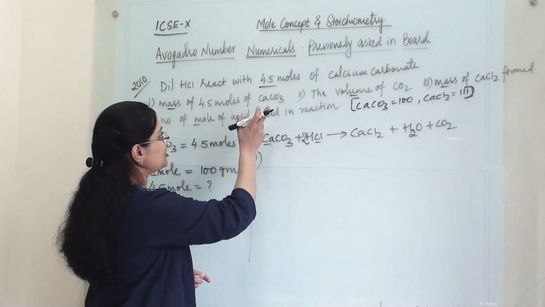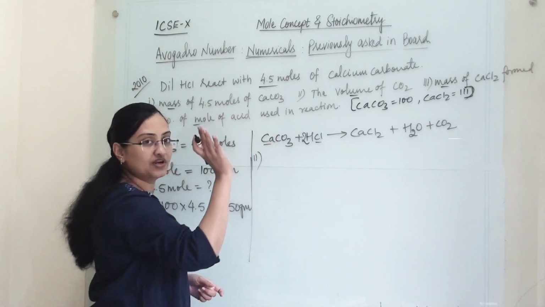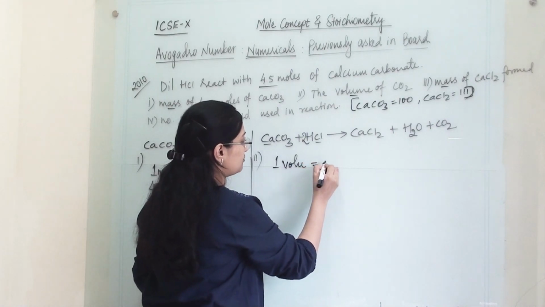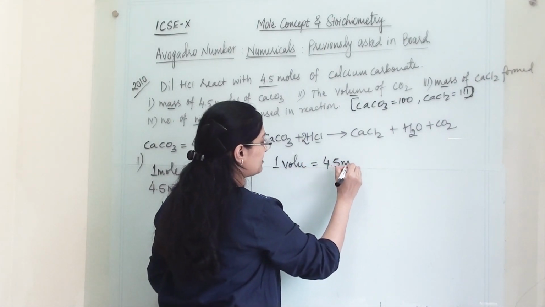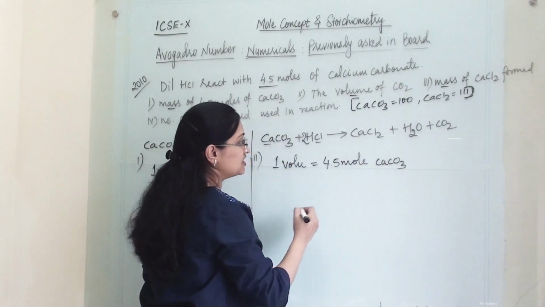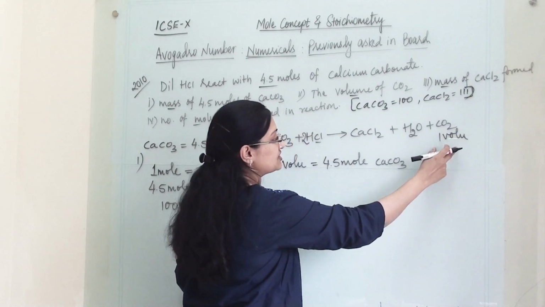And what all information we have? This 4.5 moles of calcium carbonate is used. 1 volume equals to 4.5 mole of calcium carbonate we have used. Now here 1 volume of carbon dioxide is generated.